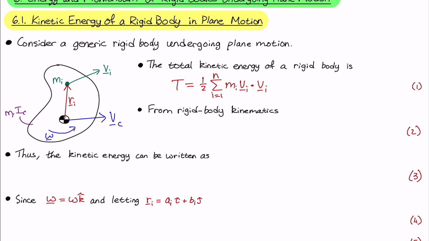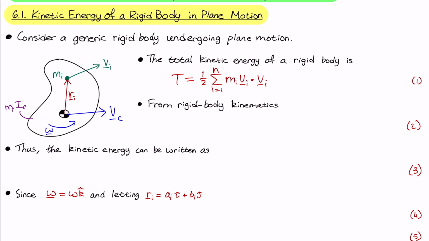Okay, from rigid body kinematics, we can write that vi is going to be equal to the velocity of the center of mass, VC, plus omega crossed with ri. And that's just the general form relating the velocity of one point to the velocity of another point and the rotation of the rigid body.